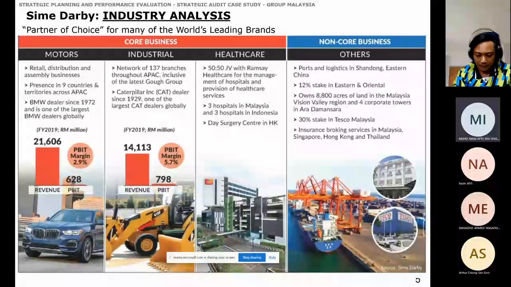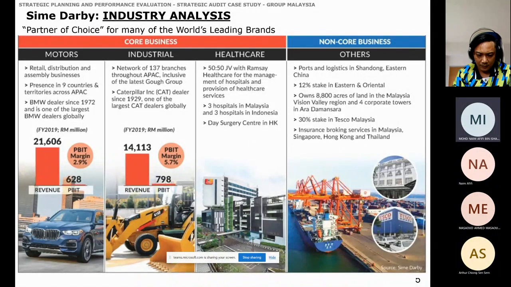For the industrial, they are one of the largest Cat dealers. Cat is for industrial forklifts, and is quite a renowned brand. Then healthcare, they started around 2013.